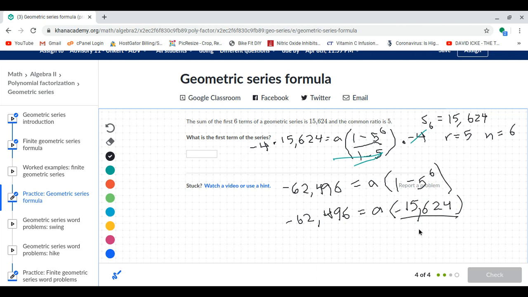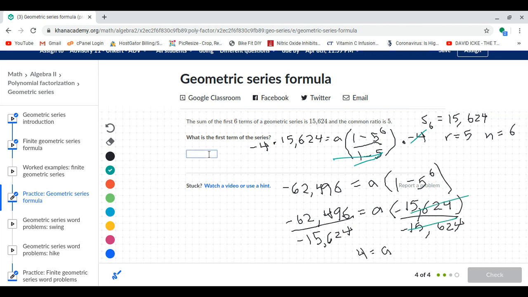So divide both sides by -15,624. You're going to get the first term equal to 4. So 4 is going to equal A, because these will cancel out.